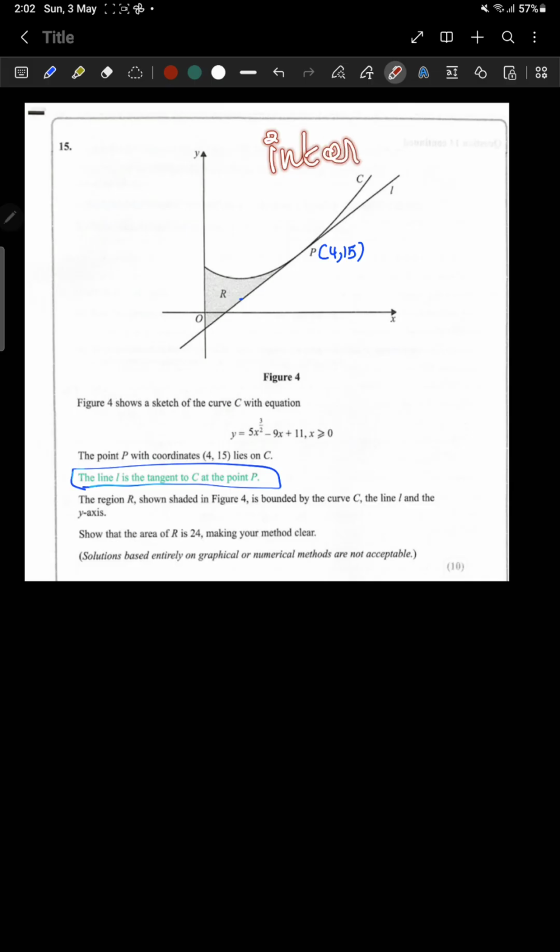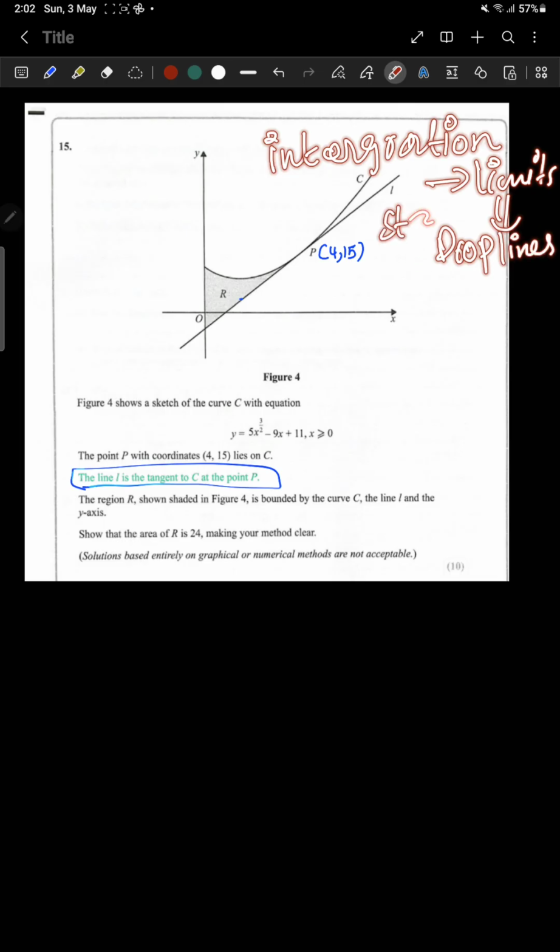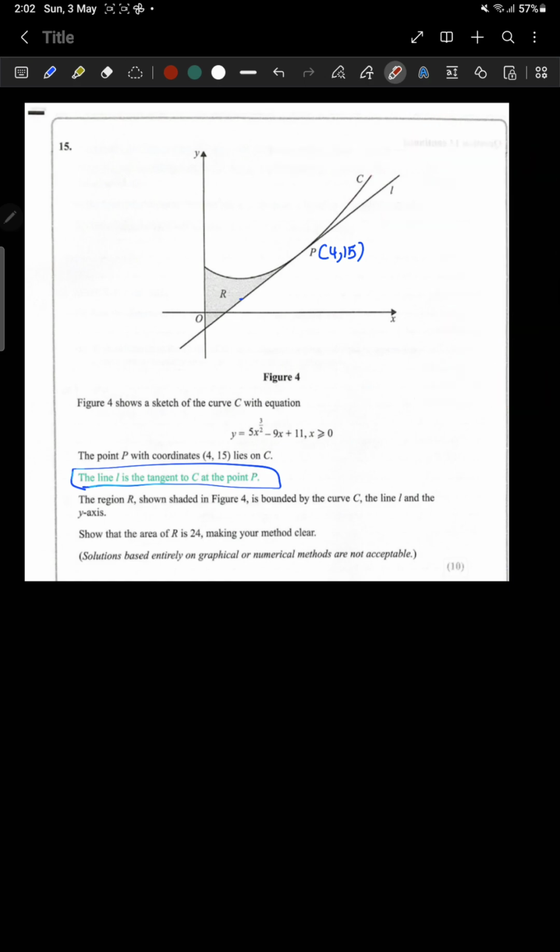If we need to integrate, we need limits, and to define limits we basically drop straight lines. The limits are the upper one and the lower one. Got it?